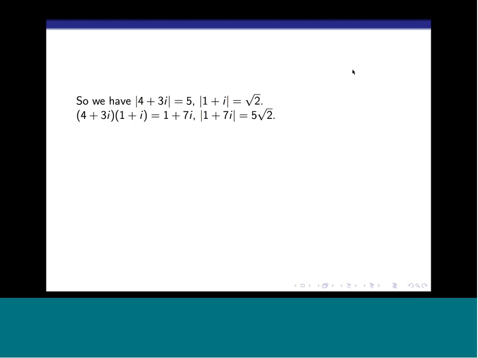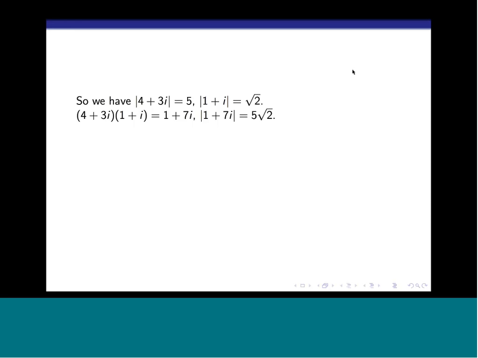So the arithmetic you already know, the multiplication, right? So 4 plus 3i and 1 plus i, multiplied together, is 1 plus 7i. The modulus of 1 plus 7i is the square root of 1 plus 49, which is 5 square root of 2.